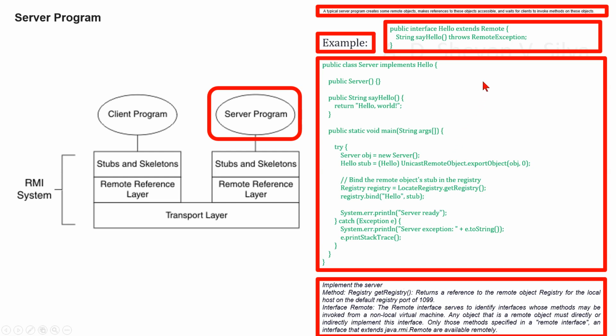Interface Remote. The Remote interface serves to identify interfaces whose methods may be invoked in a non-local virtual machine. Any object that is a remote object must directly or indirectly implement this interface.